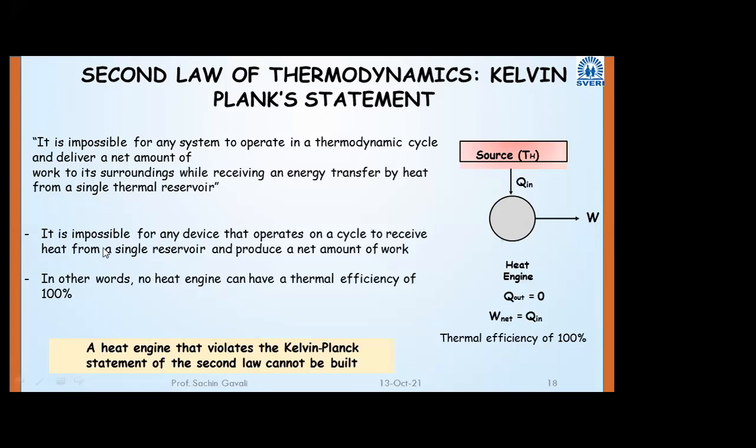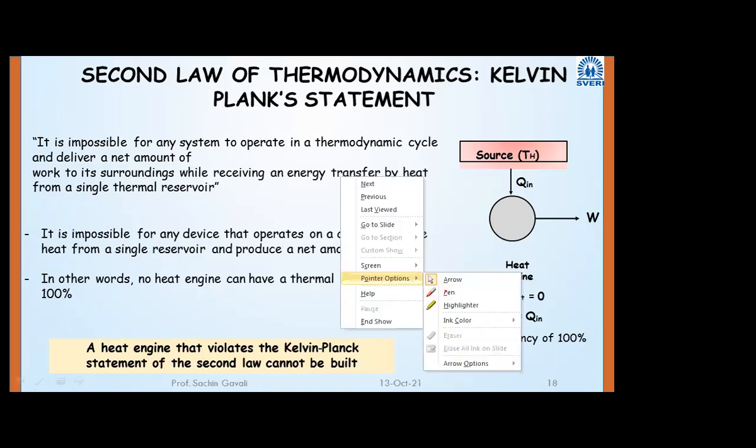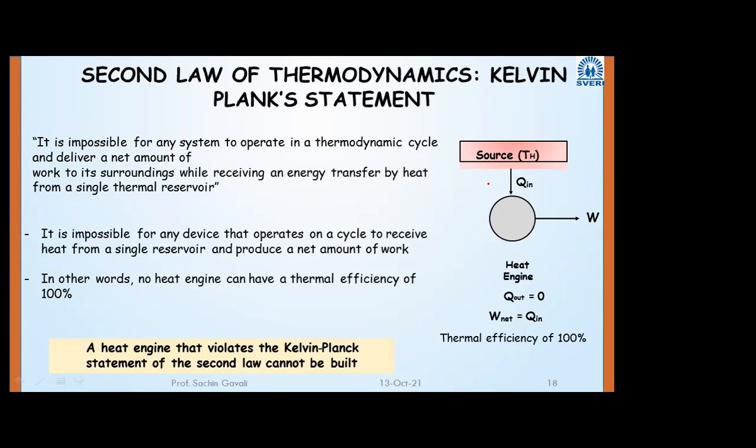Or it is impossible for any device that operates in a cycle to receive heat from a single reservoir and produce net amount of work or equivalent work. That is, the amount of Q1.